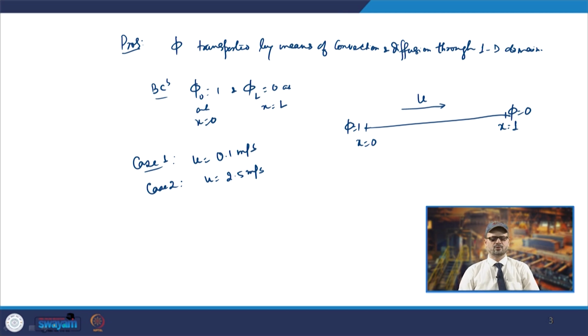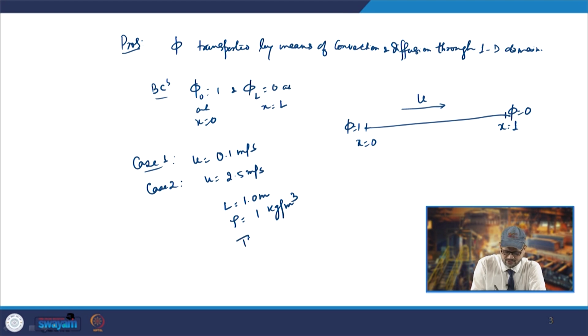These are the two cases, and your length is given as 1 meter, rho is 1 kg per meter cube, and gamma is given as 0.1 kg per meter second. So you have these values, which will be used for finding F and D, and the first job will be the formation of the control volumes.